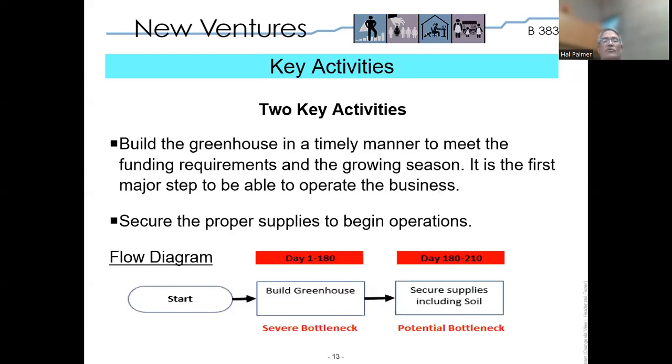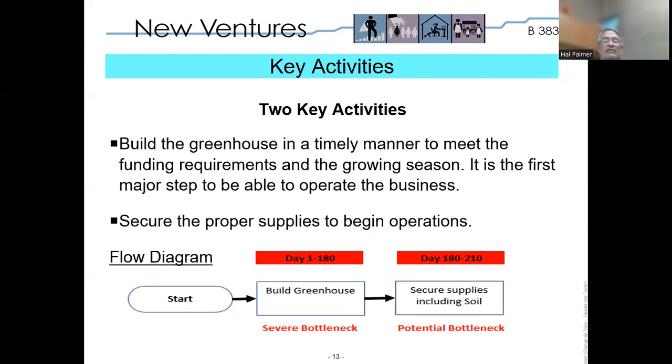All right. We've also got to identify key activities to a business. And here's a basic flow diagram for 2 key activities. There will obviously be activities before these, and I could break down these activities into many segments.